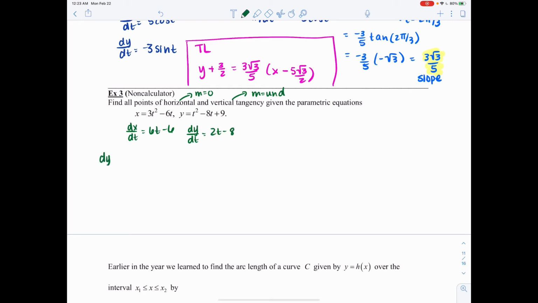That means when I go to find dy dx, I am dividing dy dt by dx dt, and I have 2t minus 8 over 6t minus 6. I would simplify this. Take out that 2 from the numerator and the 6 from the denominator, so that you have t minus 4 over 3t minus 1.